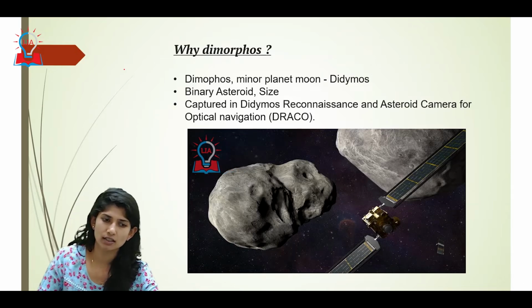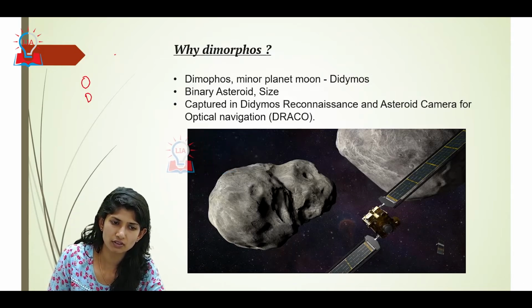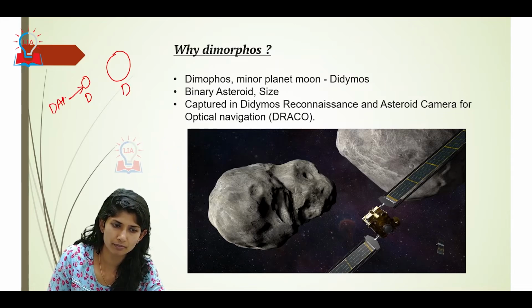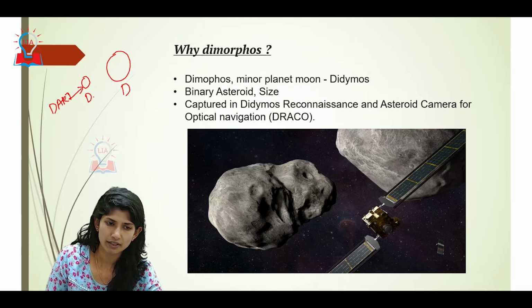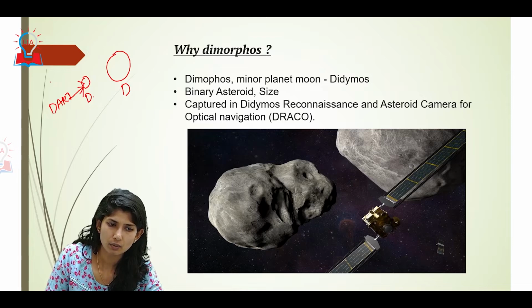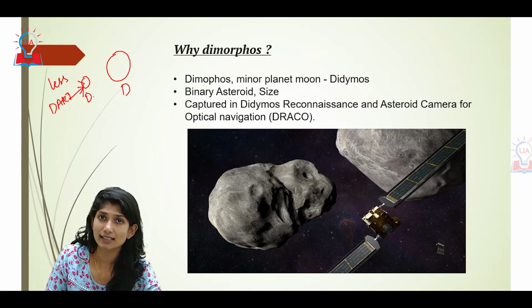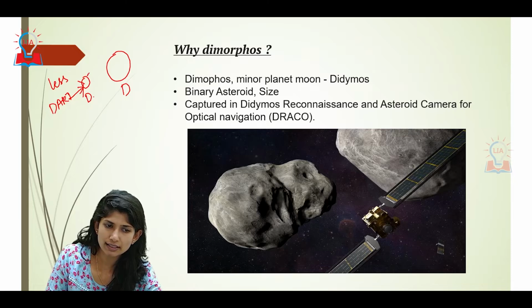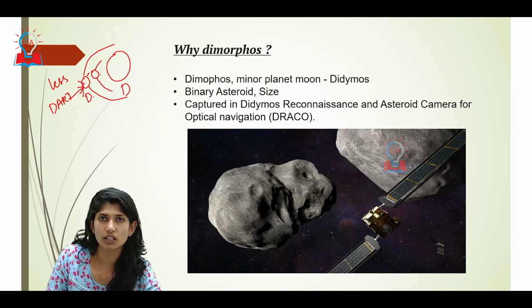Let's compare. This is Dimorphos, this is Didymos. We have hit Dimorphos, which is surrounding Didymos, with our DART. The impact might be very little initially, but slowly, even if there is a little bit of change in course, the orbital path, even if the orbit changes a little bit, it will matter.